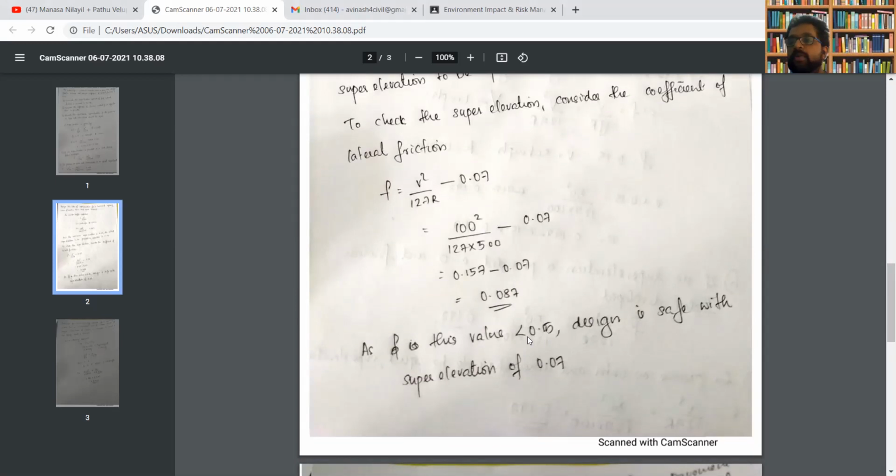Super elevation needs to be worked out again. This should go on until the criteria is satisfied. Okay. So that is why, once we reported the value of super elevation, we had to check that value with the coefficient of lateral friction.